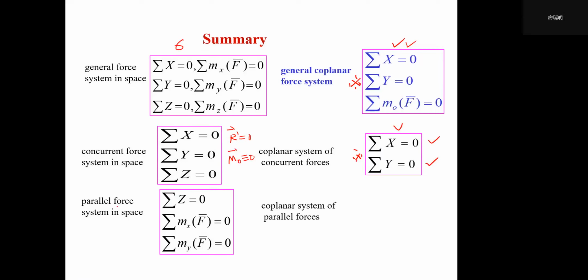And for a parallel force system in space, we have 3 equations. This one and this one and this one. You guys only need to have a basic impression, that's enough. But once again, the coplanar system of parallel forces is also another special case of the general coplanar force system. So this one you also need to pay attention to. We need to know it will have 2 equations.